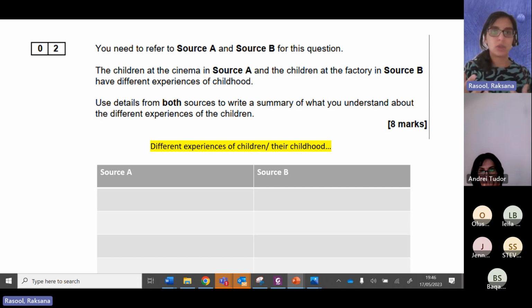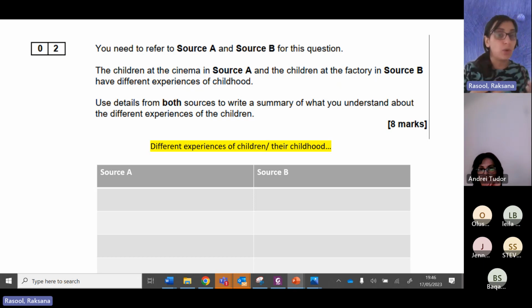Okay, we know from source A that these children have access to money because even the poor have 2 shillings, which is enough to buy sweets, that they spend all afternoon on a Saturday at the cinema running around like lunatics. They have no adult supervision because they're running around. Nobody's stopping them. They're throwing sweets at each other. We know there's mention of children, but there's a specific mention of 6 small boys.